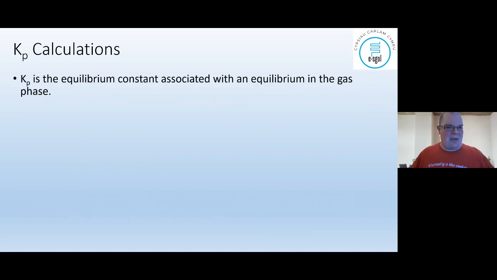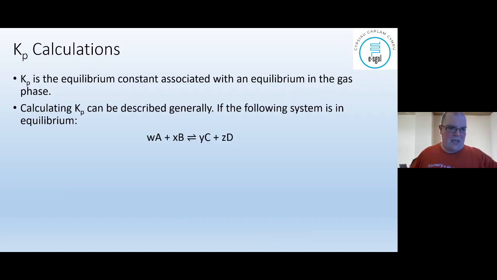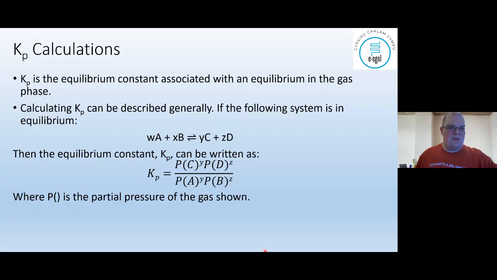Now we're looking at Kp, which is an equilibrium constant associated with an equilibrium in the gas phase. Now, of course, we can't use concentration for the gas phase because concentration is pretty much a solution property. So we can still describe this generally, and I've used the same layout as I did before, but rather than using concentrations, we're now going to be using partial pressures.